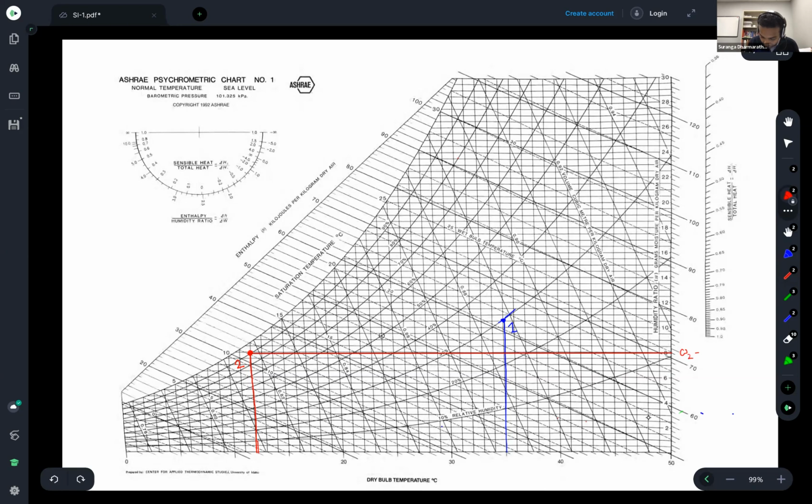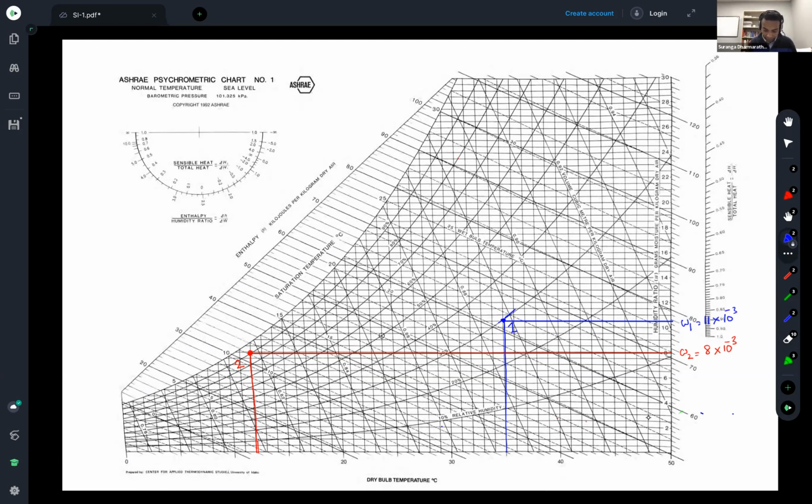Omega 2 is equal to 8 times 10 to the power negative 3 kilograms. And I can also find omega 1, which is 11 times 10 to the power negative 3 kilograms. Since this is in grams, I put it in kilograms.